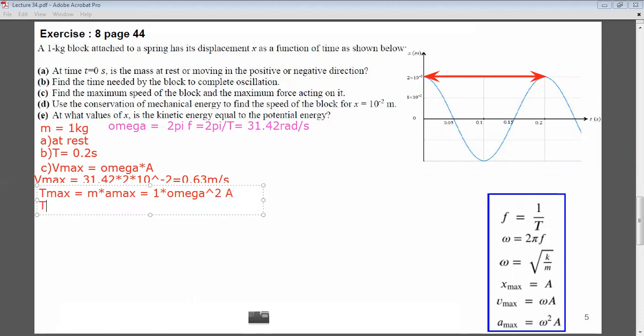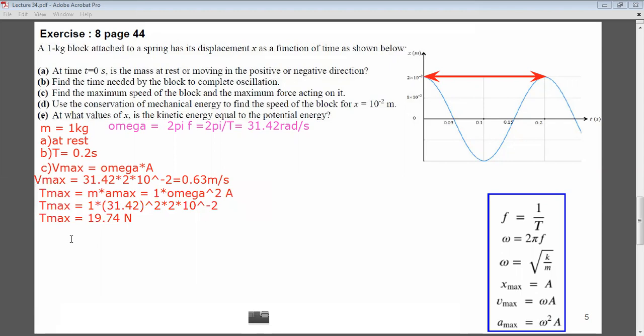So T maximum is equal to 1 times omega squared, 31.42 squared, times A, which is 2 times 10 power minus 2. I get T maximum equal 19.74.